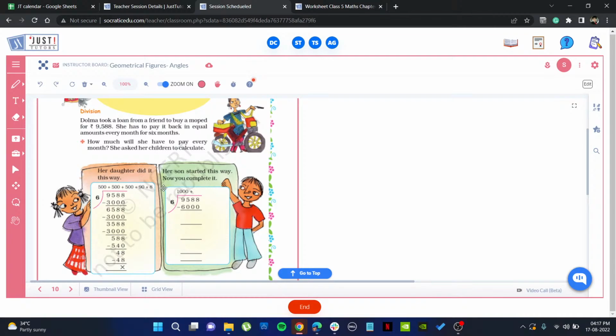Okay, so let's calculate for her son. Here 6 has been multiplied by 1. 6 times 1000 gives us 6000. It means that 6000 is being subtracted from 9588. If we do so, let's see how much we will get.